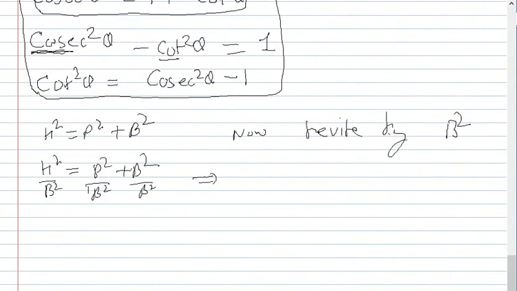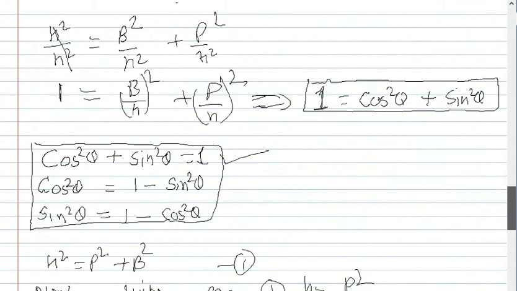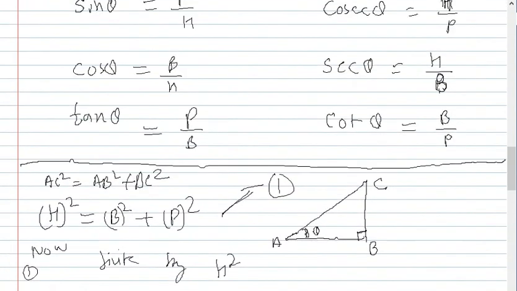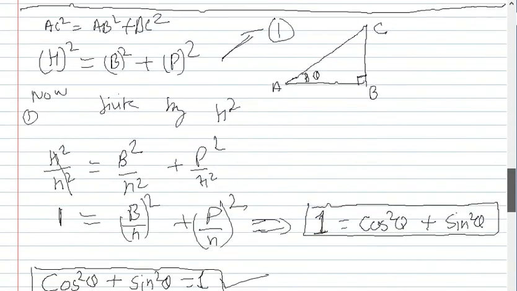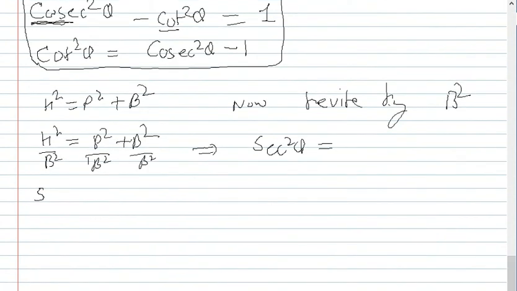So this will become sec square theta is equal to p by b, what was p by b? Tan theta. So tan square theta plus 1.